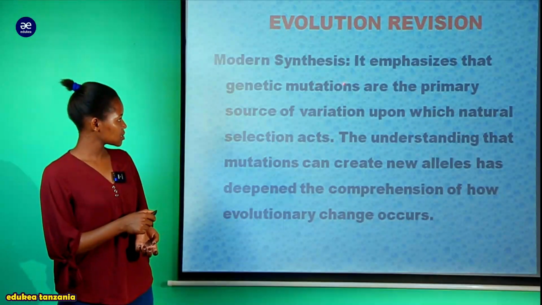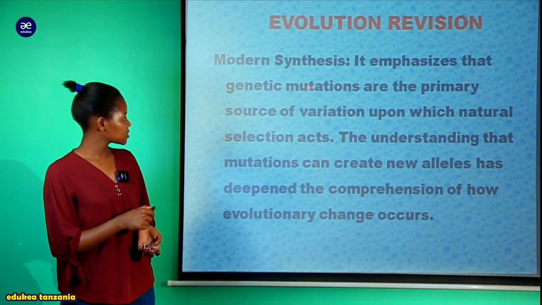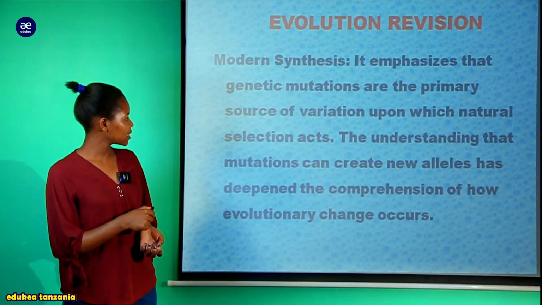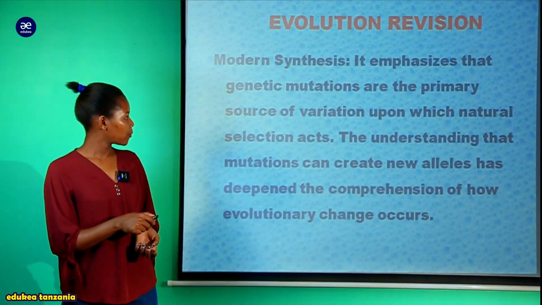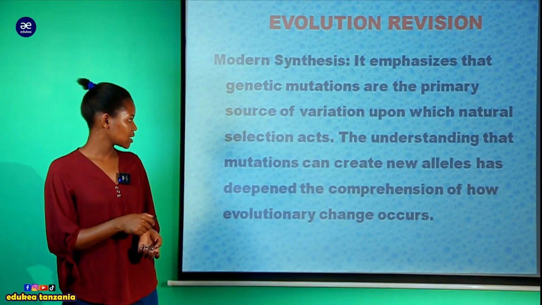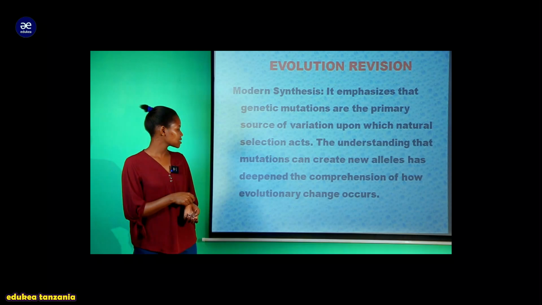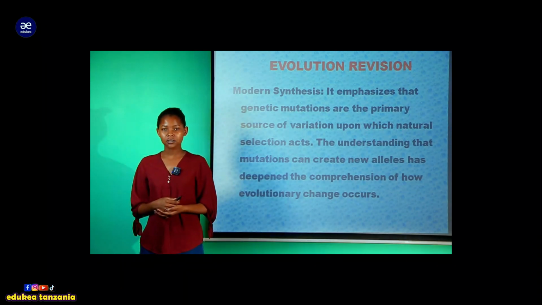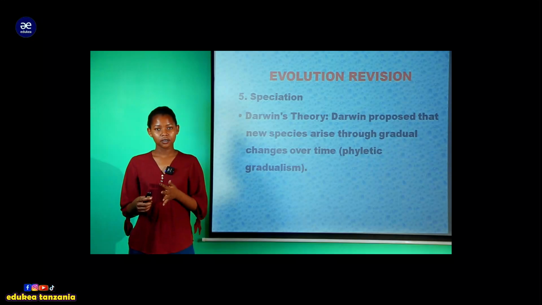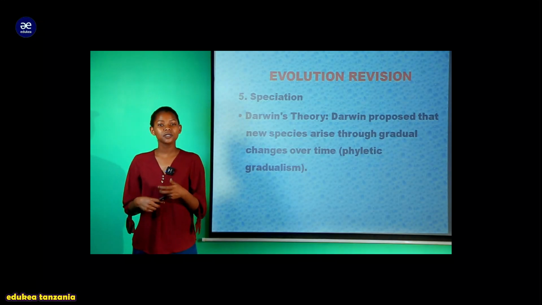But in modern synthesis, it emphasizes that genetic mutations are the primary source of variation upon which natural selection acts, and the understanding that mutation can create new alleles has deepened the comprehension of how evolutionary changes occur. So modern synthesis theory showed the role of other factors in variation.